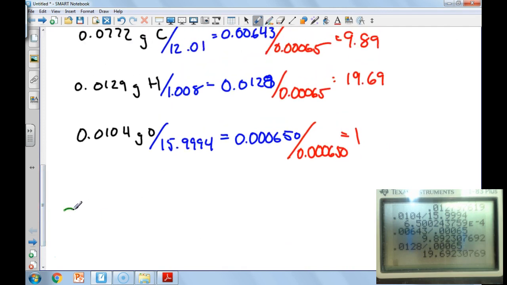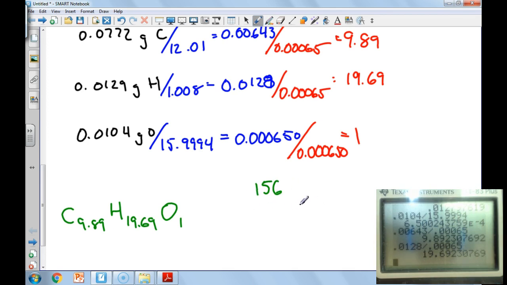So here's what I have already. I have that it's C9.89, H19.6901. So I'm going to take this formula, even with the funny decimals, and see what fraction or multiple of 156 it is.